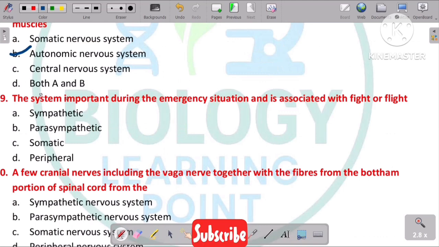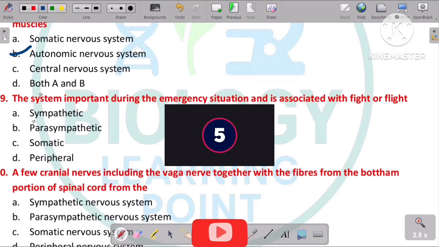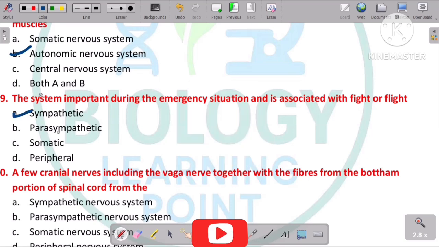So the next question is, the system important during emergency situations and is associated with fight or flight. So the options are. So the right answer is option A, sympathetic nervous system.